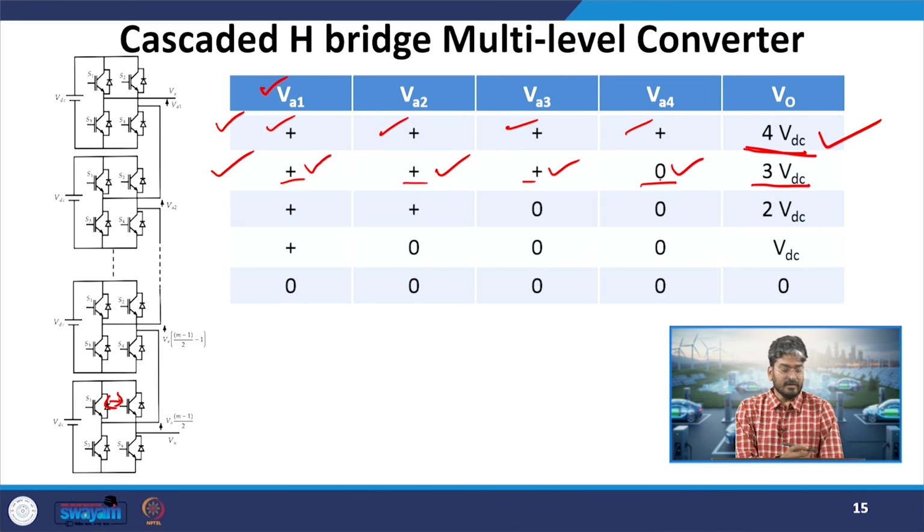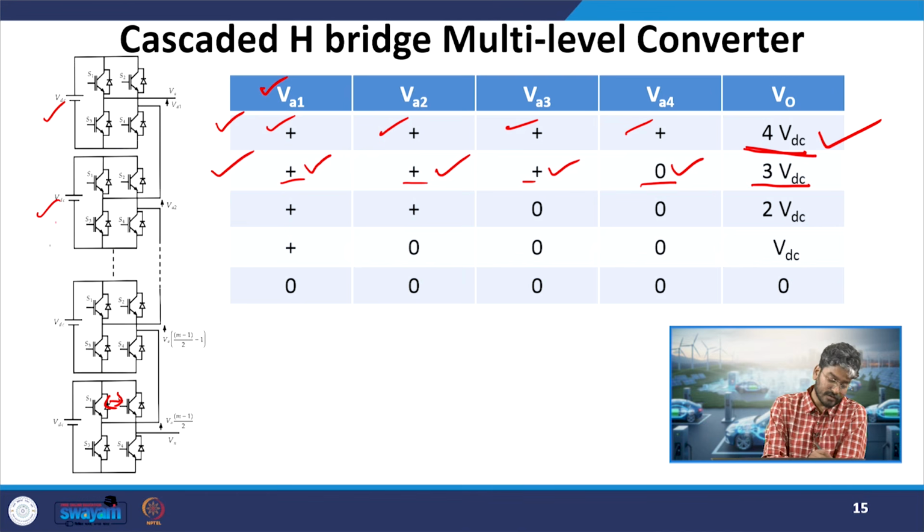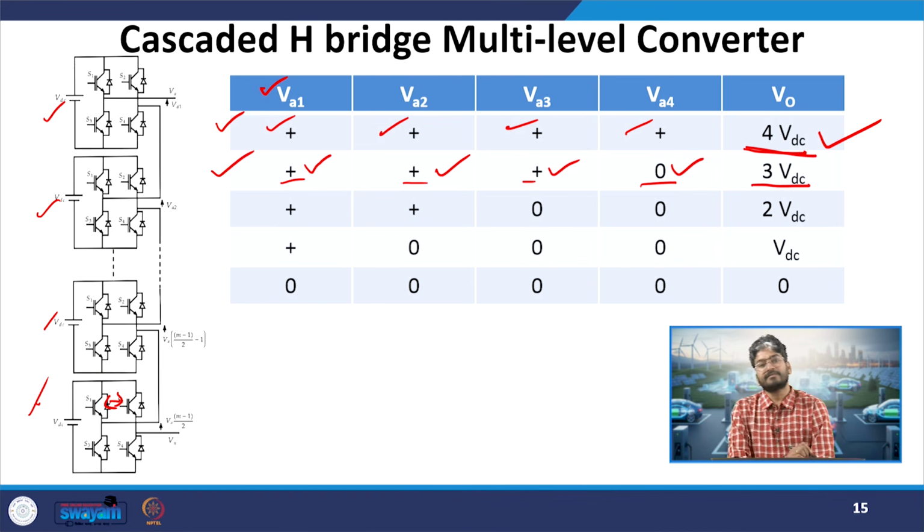This one can be the first cell, second cell, or the fourth cell. Okay, so here we have considered the fourth cell to be in the bypass mode. Similarly, we can have one more combination where 1, 2 and 4 will be generating positive voltage and 3 will be in the bypass mode, and so on. So we will get 4 different combinations to generate 3 VDC.